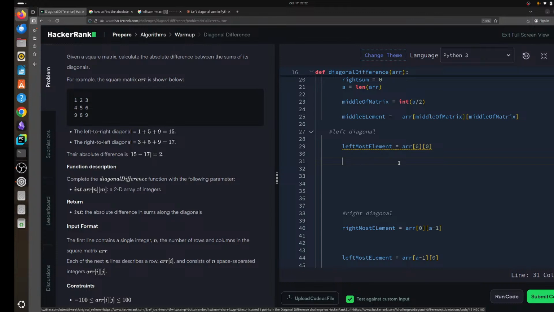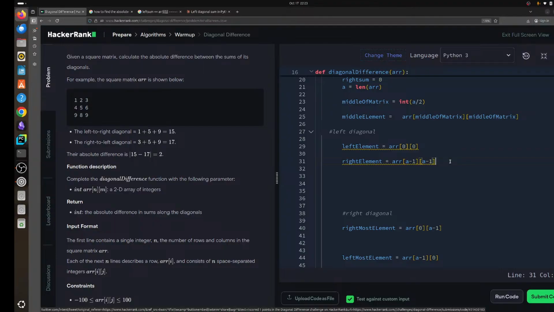Let's go for the rightmost. Rightmost element will be the right element equals to... let's use the left element here. Right element equals to ARR of A minus 1, A minus 1.